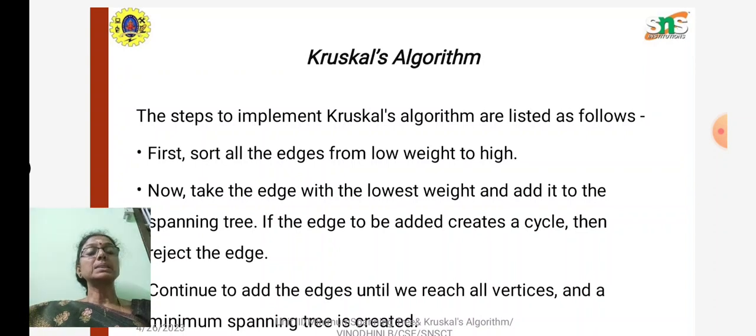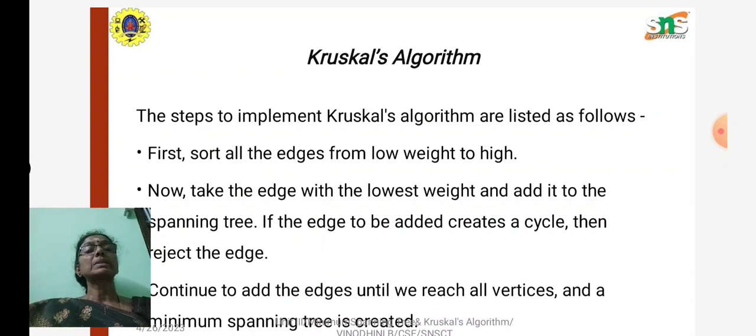If the edge to be added forms a cycle, we have to reject the edge. Continue adding edges until we reach all vertices and the minimum spanning tree is created. This is the procedure for Kruskal's algorithm.